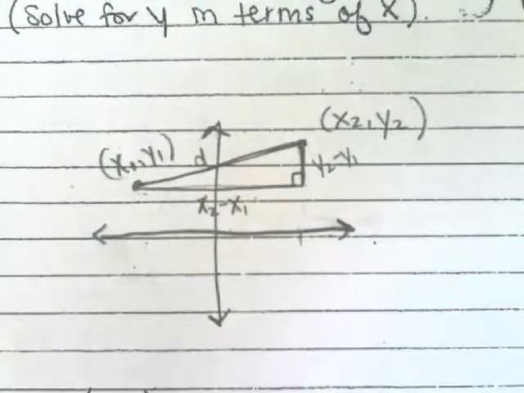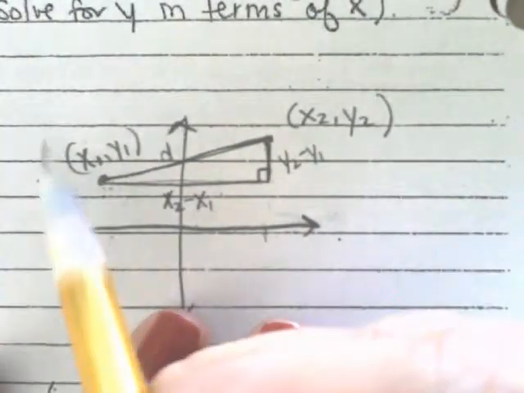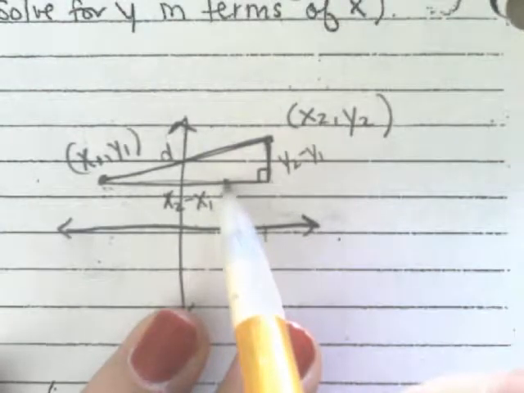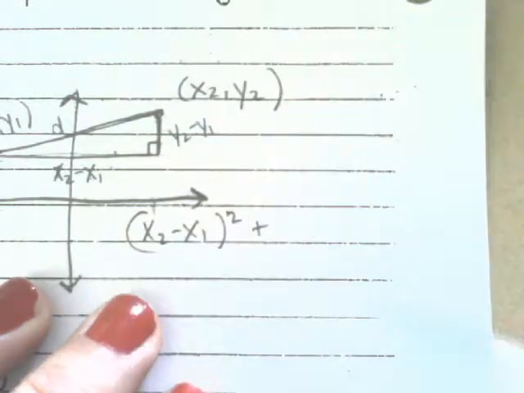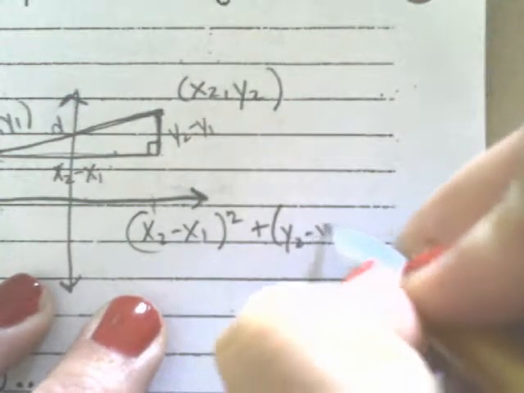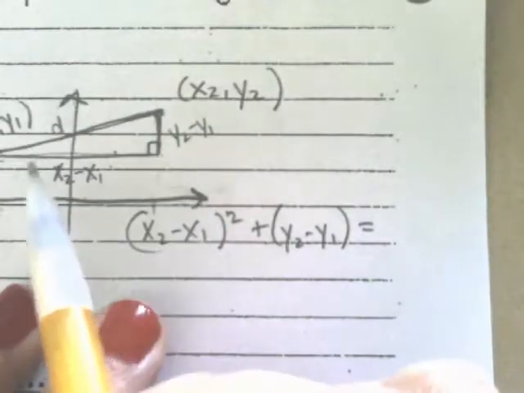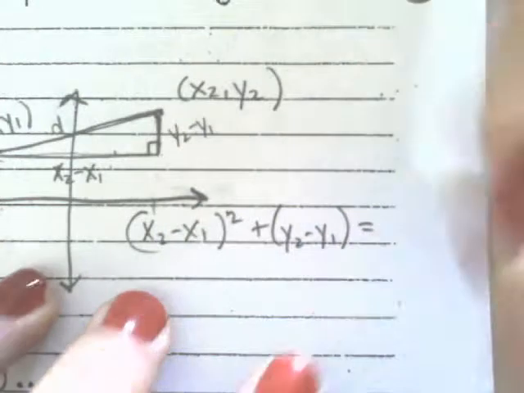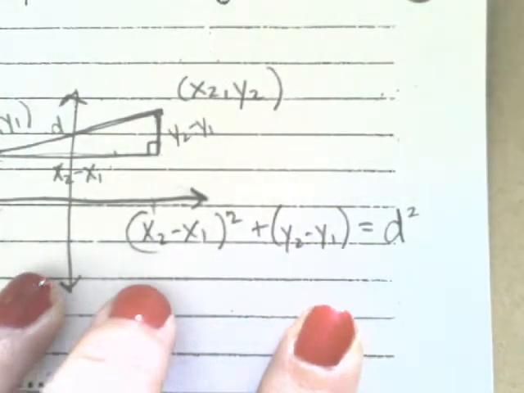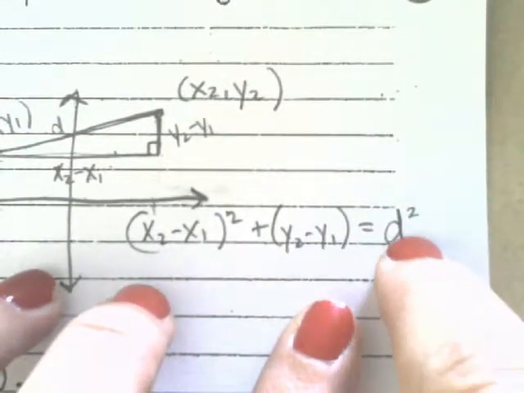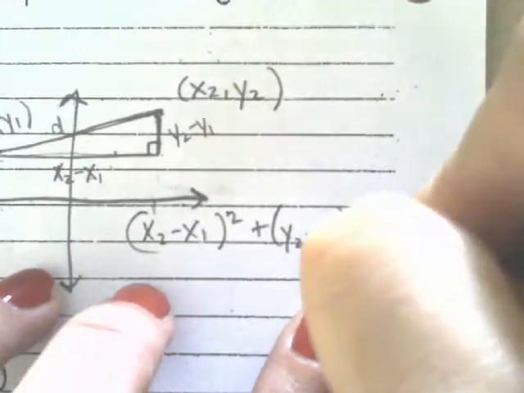And if you set up your Pythagorean theorem, you would have this side squared, x2 minus x1, that side squared, plus your other leg squared, equals what? A squared plus b squared equals c squared, and our hypotenuse in this case I just labeled d for distance. Then if you want to get the distance all by itself, you take the square root of both sides.